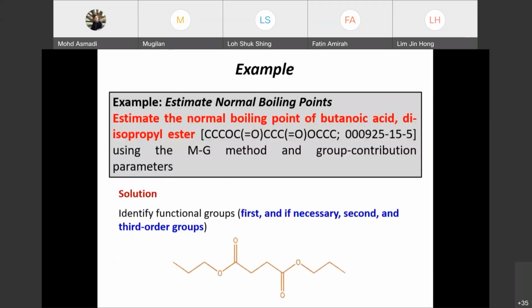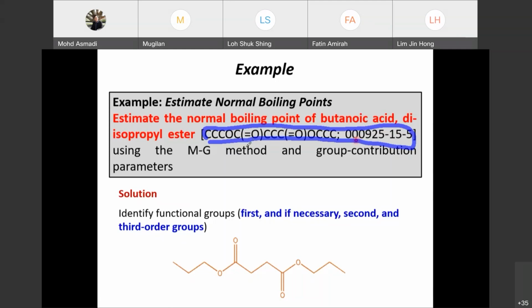If you look here, estimate the normal boiling point of butanoic acid diisopropyl ester. The molecule is given there. If the molecule is not given, it can be generated from ICAS using the SMILES. SMILES is like a code for the compound.